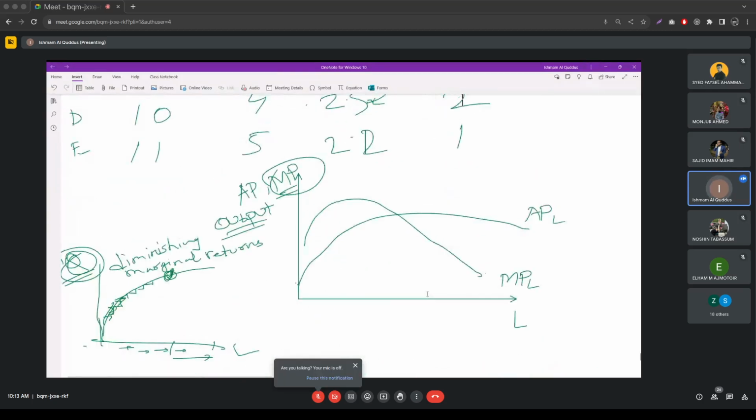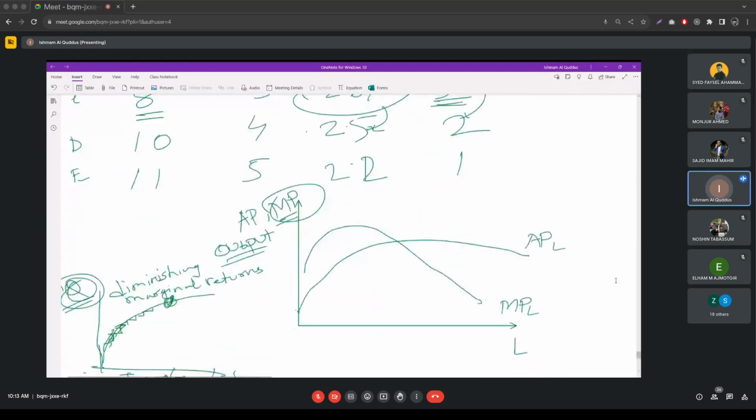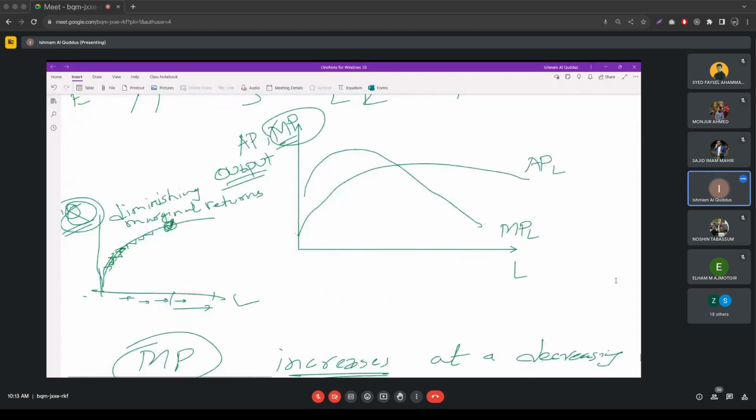Now graphically, if you plot it, initially MP is actually greater than the AP. So MP is greater than the AP. And this is a rough sketch, all right?